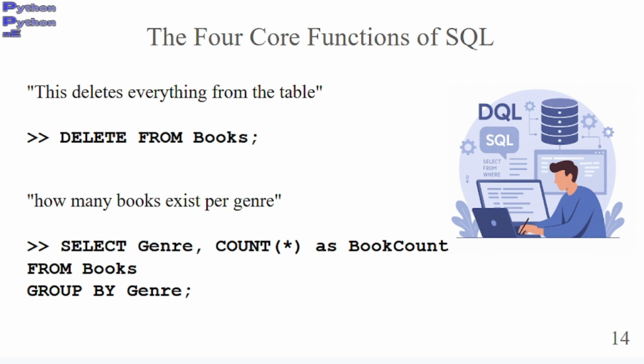So once we have understood the requirement, we will write select genre, count star as book count, where book count is the user defined name that we are providing, from the table books, and then group by genre.